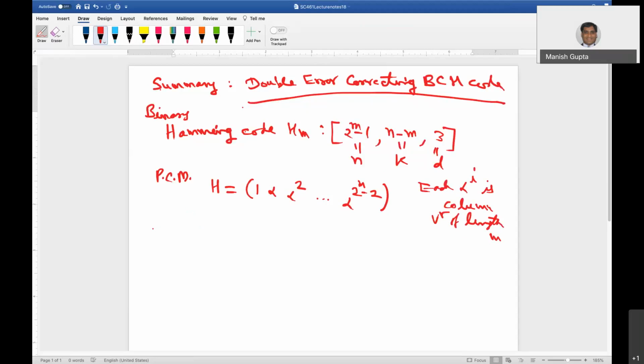Now a vector c equal to c0, c1, up to cn minus 1 belongs to Hm if and only if Hc transpose is equal to 0. Remember a parity check matrix, right?